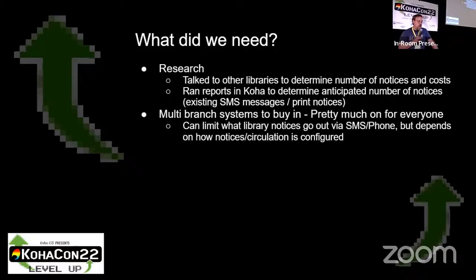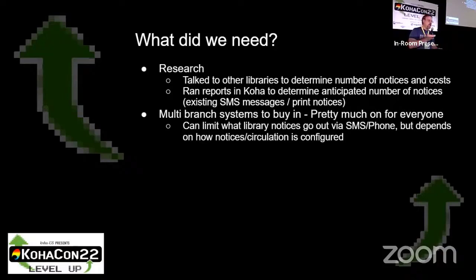So yes, it really depends on how many libraries you've got in your system that are buying into it. If you can live with the way that Koha is working, and you can look at the messages going out. Like I said, it was difficult to determine what libraries to charge how much for those messages.